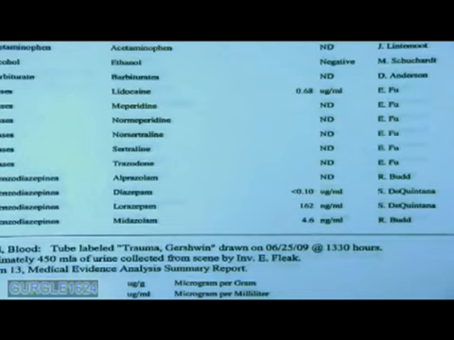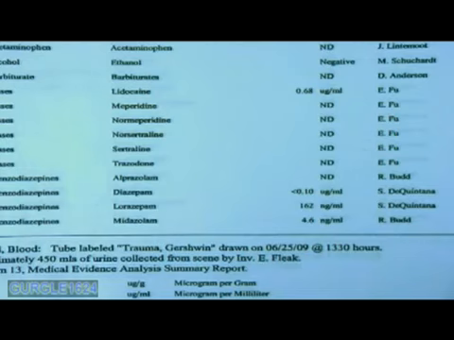Yes. Benzodiazepines as a class of drugs is quite a large class of drugs. It's similar to barbiturates. It's actually a newer class of drugs, more recently developed than barbiturates, and it tends to replace what the barbiturates were commonly prescribed for in the hospital. But in this case, we looked for several different benzodiazepines.